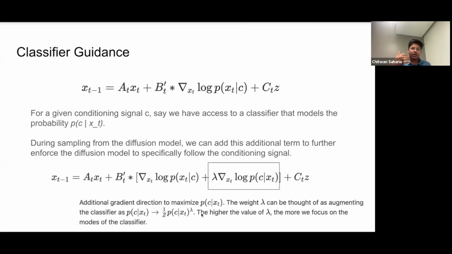So the higher the value of lambda, the more we want to focus on the mode of the classifier. We are basically saying don't give even 0.01 probability to a dog. I want exactly probability 1 for the cat if I run it through my classifier. Does that make sense? This is one of the most crucial concepts in making diffusion models work for conditioning signals.